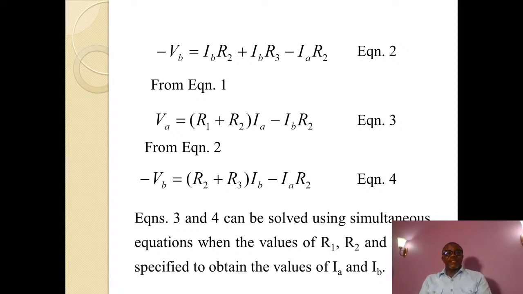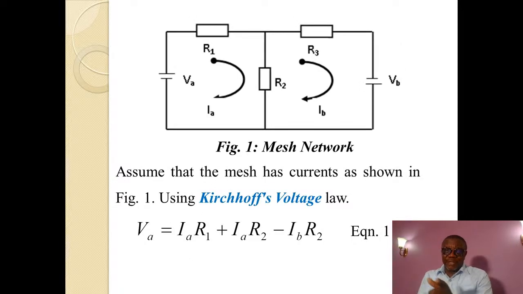So we say that from that circuit, we'll be producing IB R2 plus IB R3 minus IA R2. I want you to see that mesh 2 again.